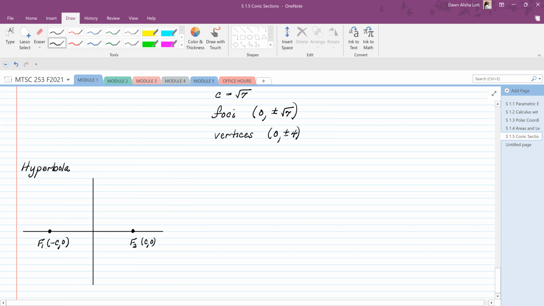And now I'm going to draw a curve as such. So here's my curve.